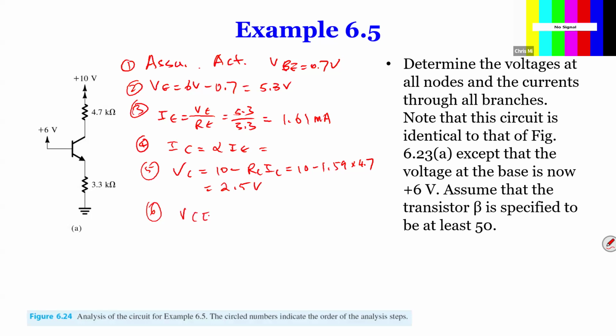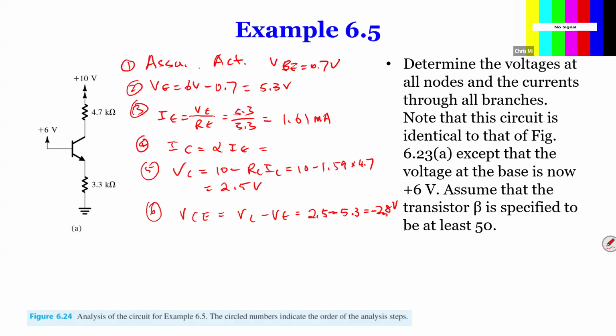So VCE is now going to be VC minus VE, and VC is 2.5 minus 5.3. That gives you negative 2.8 volts.